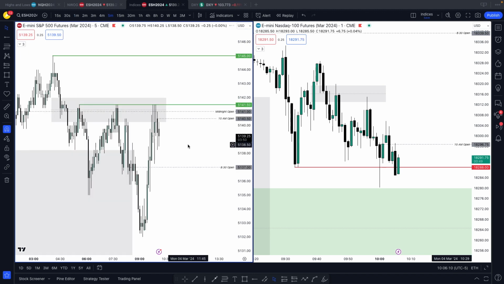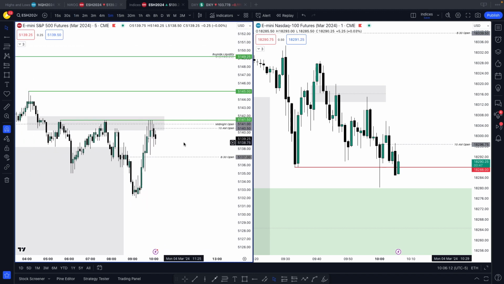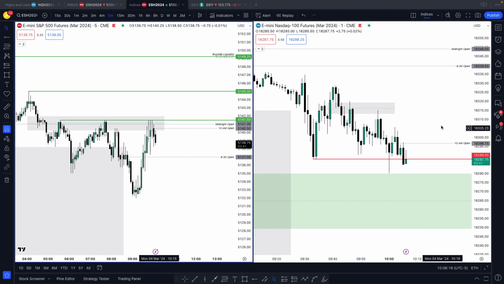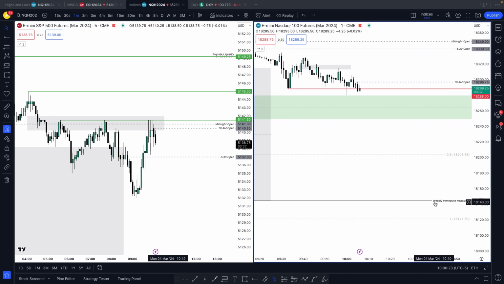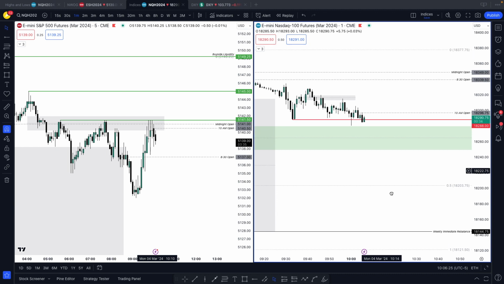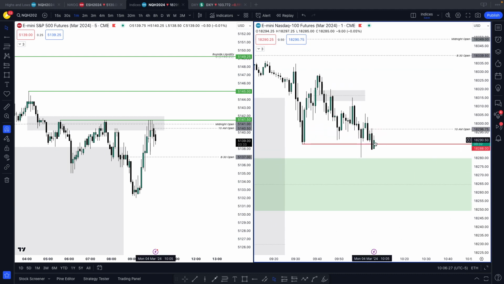Again, all these ideas are against the higher time frame bias. So you can see how when I'm presenting these, it's a much more low-hanging fruit idea. It's not, let's go short here and reach for the weekly immediate rebalance. It's let's get 10 handles out of it and take profit.